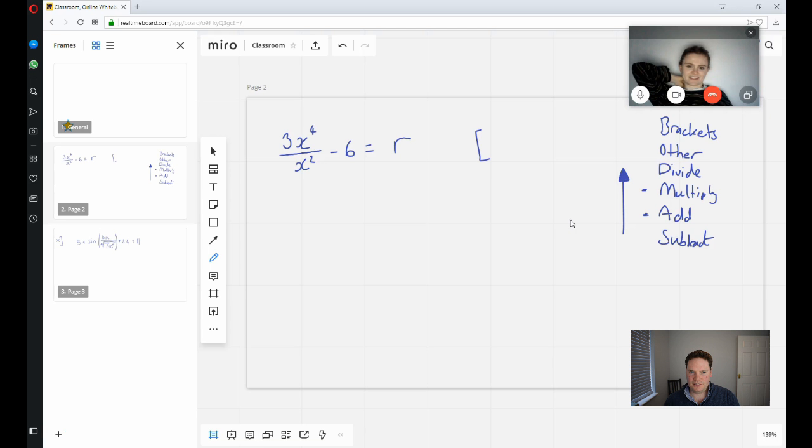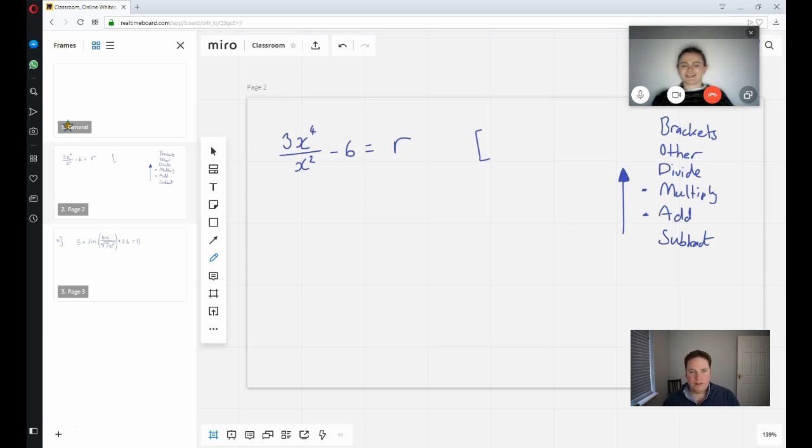So do I? Well, I need to. Would it be divide or subtract first? How do you mean? Am I dealing with the x squared first, or am I dealing with the -6 first?